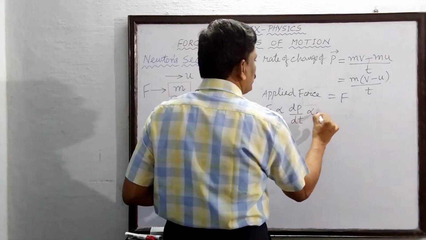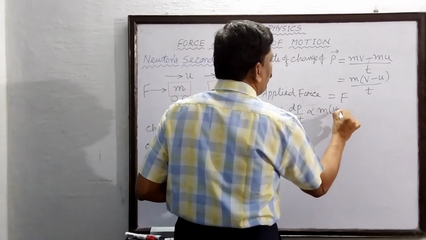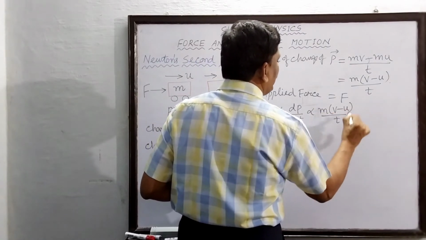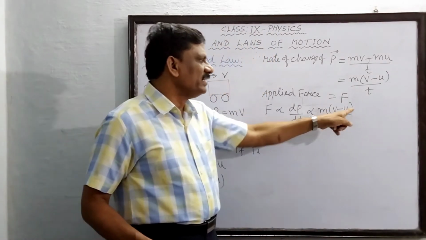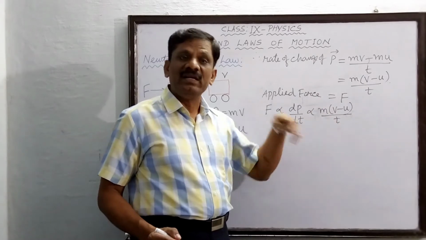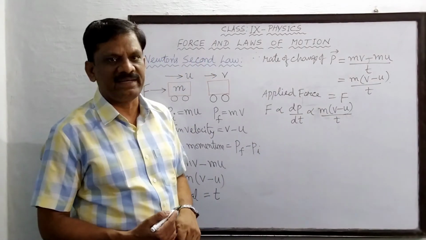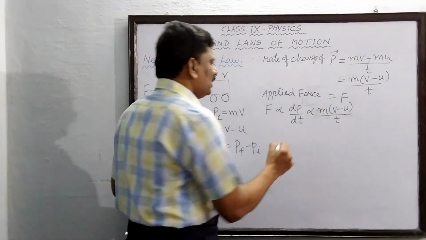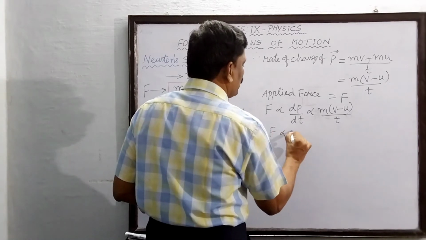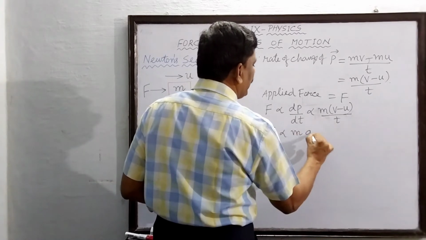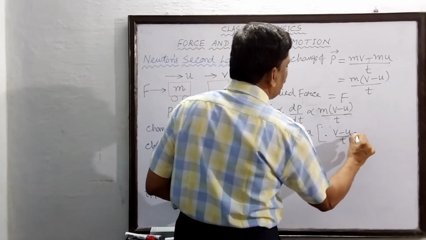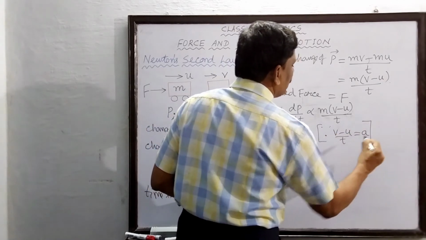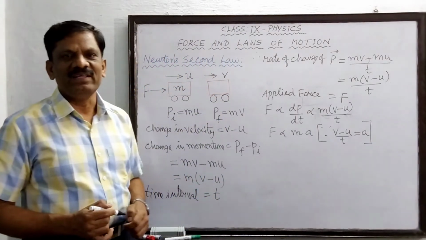So this is proportional to m into (v minus u) divided by t. Okay. But the final velocity v minus initial velocity u divided by time, we have already studied, that is called as what? Acceleration, is it not? So I will write F is proportional to m into a, because (v minus u) by t is equal to a, that is the acceleration of the body.